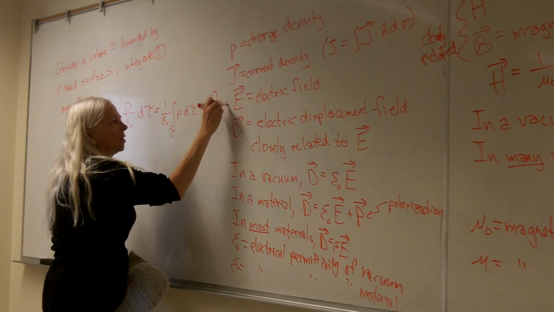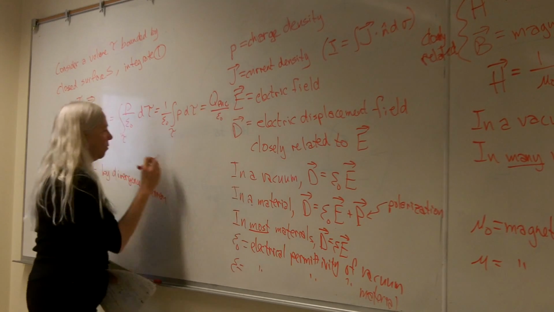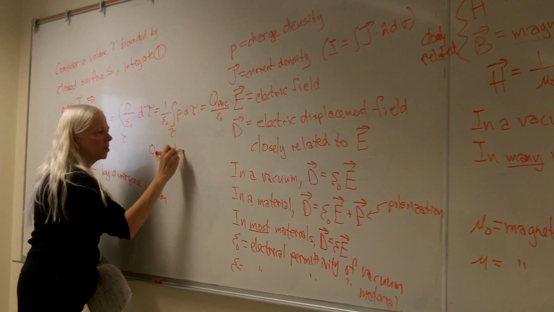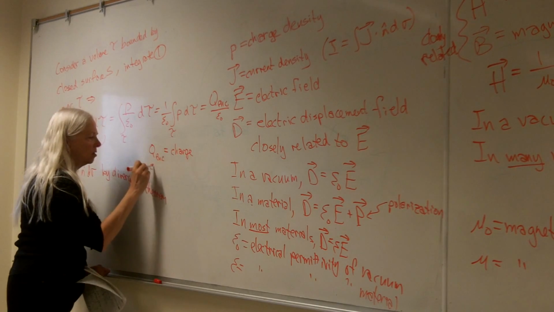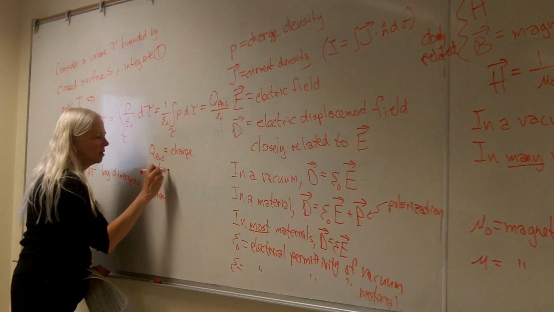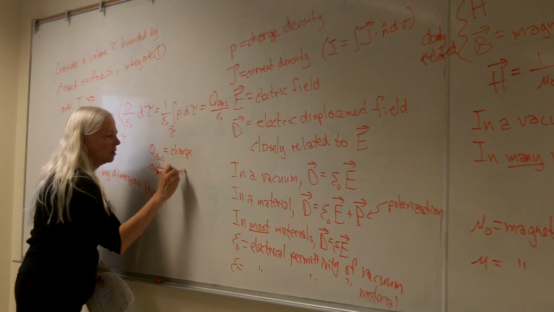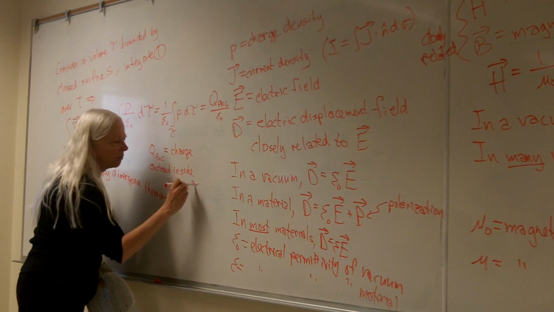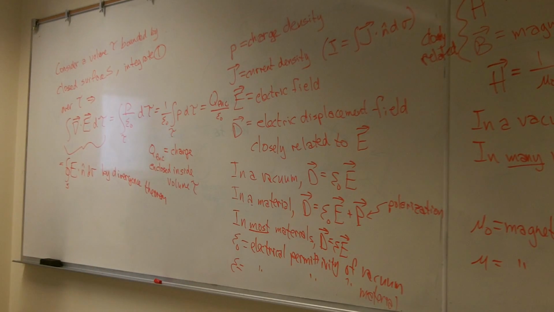So Q with the subscript enc to stand for the charge enclosed inside our volume tau, or V, or whatever word you want to use for it.